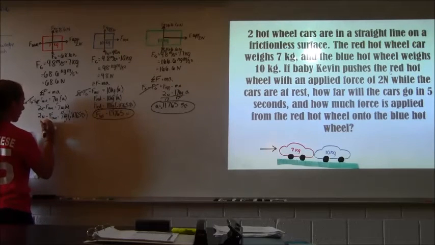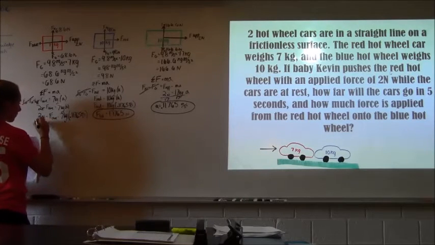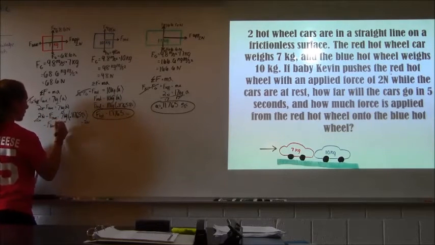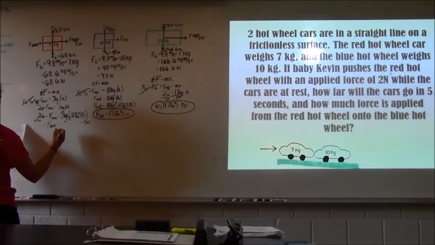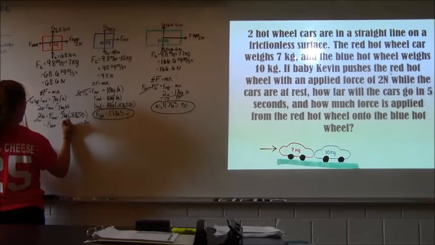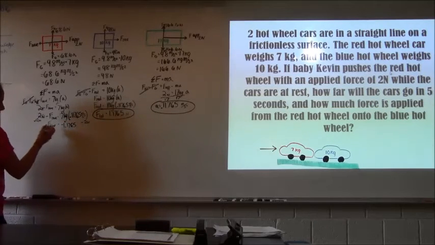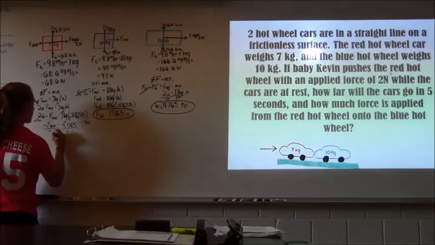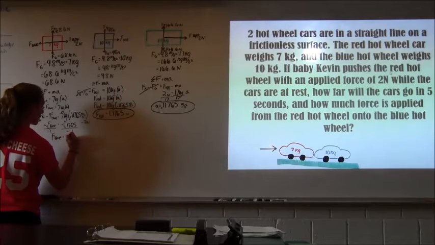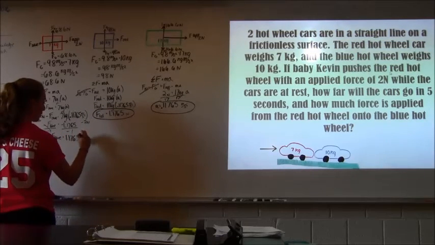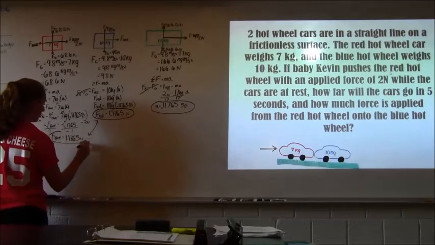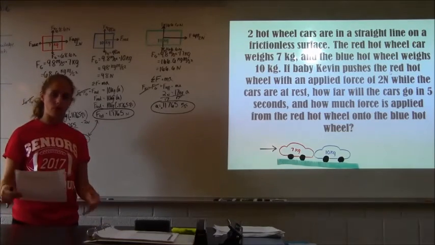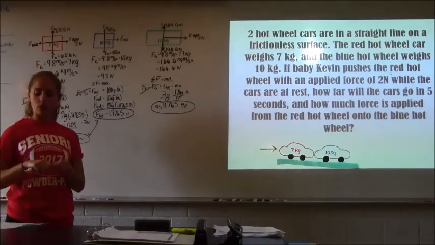If you multiply this out and subtract the 2 over here, that leaves us with the force of the blue equal to negative 1.1765. Obviously you can't have a negative value of force, so if you divide both sides by negative 1, you get the force of the blue on the red to be the exact same number as here. That solves the first half of the problem, but now we need to find how far the car will go in 5 seconds, which Alyssa will show you how to do right now.